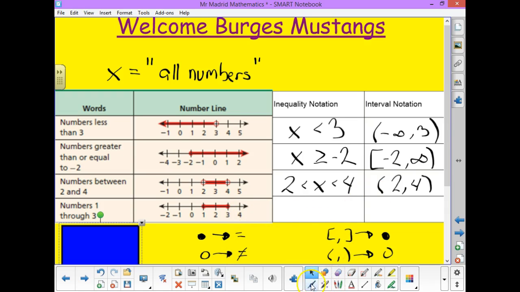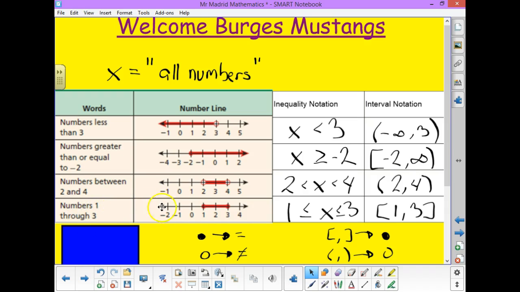Now at this point you might be able to do this on your own. You can stop the video and try it, but here is what this one would look like as inequality notation and interval notation. So once again, we know that these are the numbers 1 through 3.